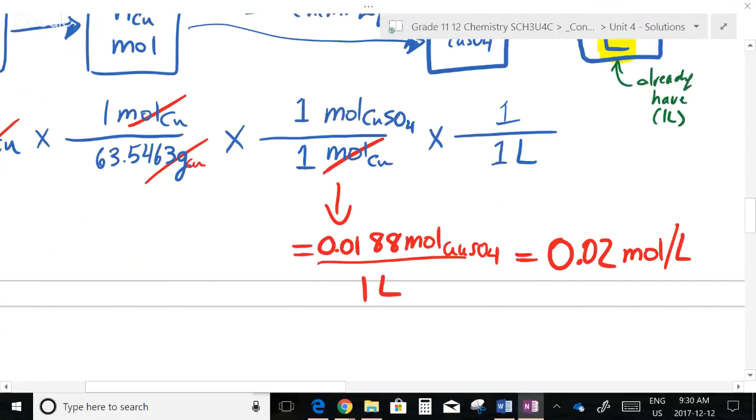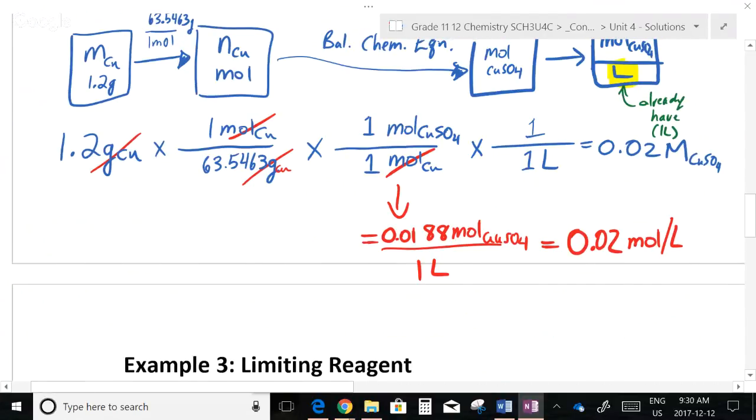You'll get the exact same answer. To me, I like just doing it in one calculation. I like knowing that I only have to use my calculator once and that I'm done. Does that make sense? And so this means I must have started with a 0.02 molar copper sulfate solution.